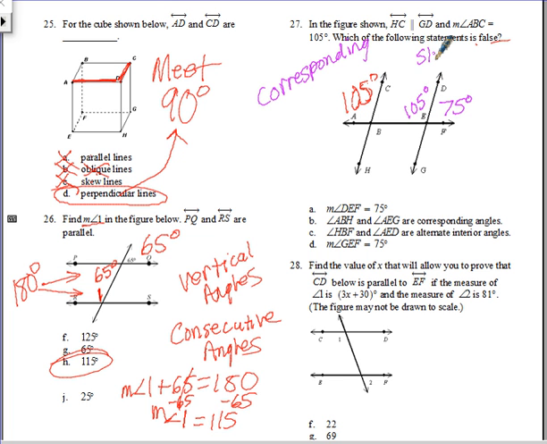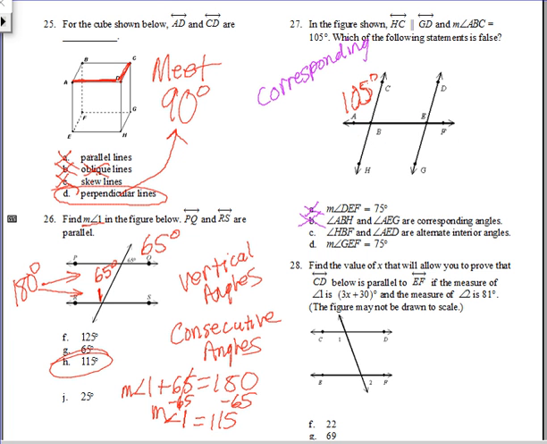So a straight line is equal to 180 degrees. So between this straight line right here, we know that 105 plus 75 is equal to 180. So A is a true statement. Let's go ahead and erase this. Let's see. ABH and AEG are corresponding angles. Well, they're both on the left, they're both at the bottom. So that's a true statement. Okay.